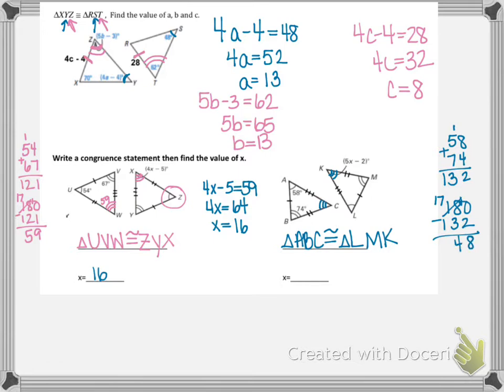So we've got 48. So then I will solve. I will take that 5x minus 2, set that equal to 48. Add 2 on both sides. So 5x equals 50. And then divide by 5. So x equals 10.